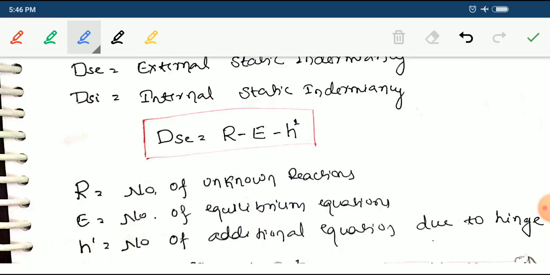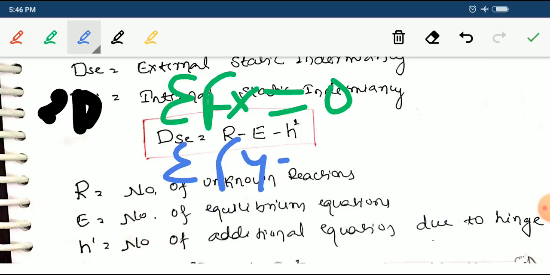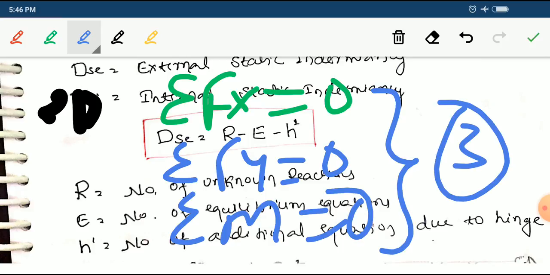Next, E. What is the condition of equilibrium? When you say the body is in equilibrium, for 2D, the conditions of equilibrium are summation of Fx is equal to 0, summation of Fy is equal to 0, and summation of M is equal to 0. Means there are 3 conditions of equilibrium. So for E value we always take 3 for 2D.